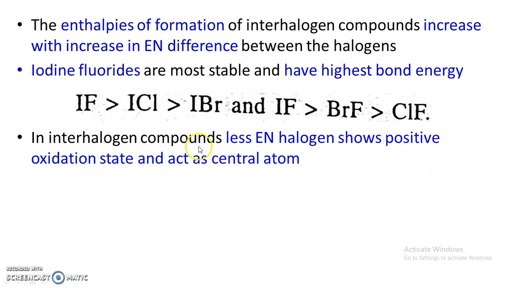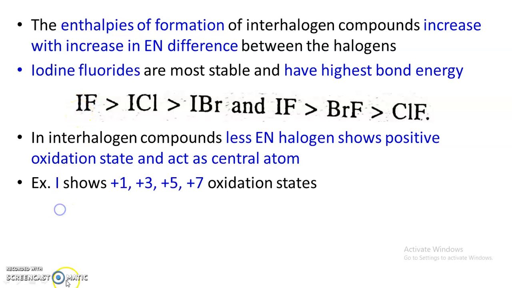In interhalogen compounds, the less electronegative halogen shows positive oxidation state and acts as a central atom. For example, in iodine fluoride, iodine is less electronegative than fluorine, and therefore iodine acts as a central atom. It shows positive oxidation states like +1, +3, +5, +7, etc. And iodine always acts as a central atom.